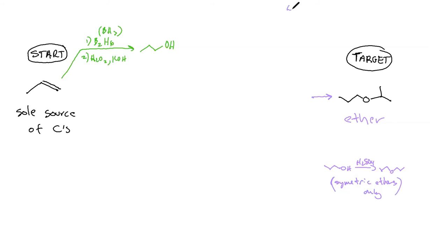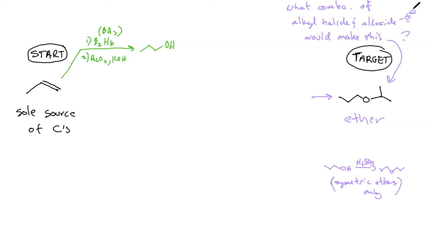What combination of alkyl halide and alkoxide would make this ether? Alkyl halide, so 1 piece with a leaving group. Alkoxide, right? Alkyl, and then oxide, so oxygen anion.